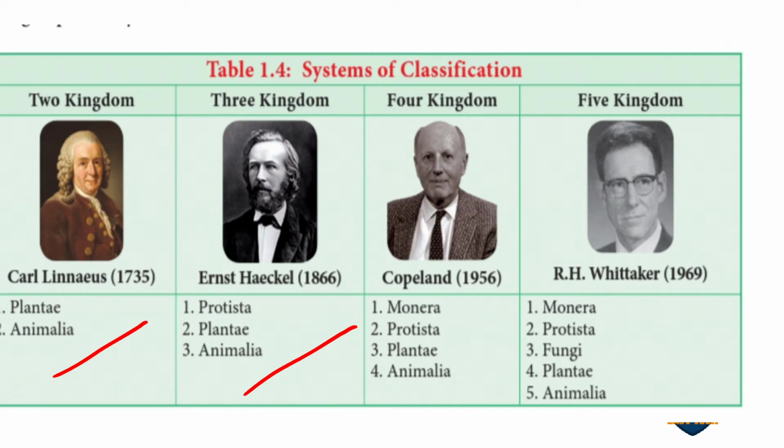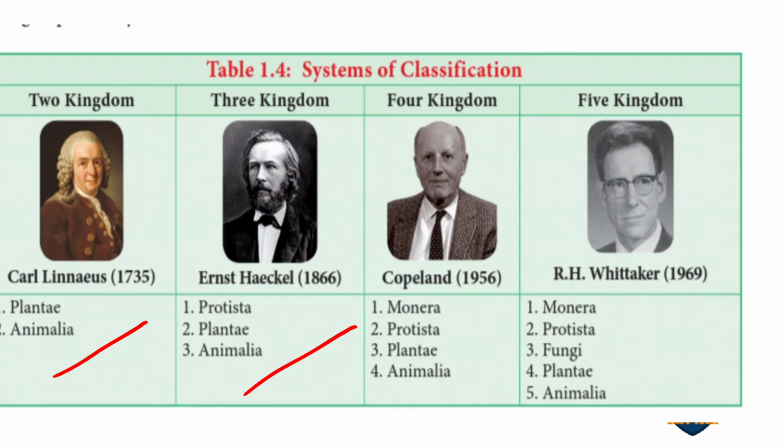So the single-celled organisms are kept in Protista. Plants, we all know, are higher plants which can prepare their own food. Animals cannot prepare their own food, and they have a separate nervous system, circulatory system, digestive system, reproductive system, excretory system. Based on that, he classified into three groups: Protista, Plantae and Animalia.